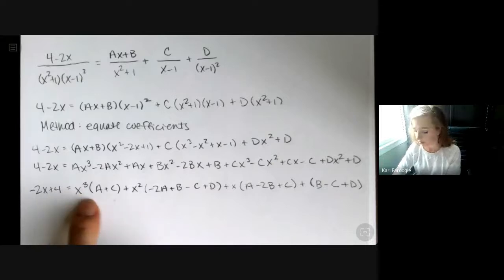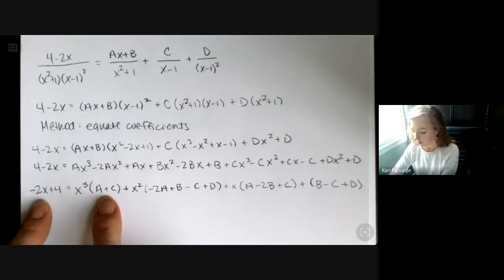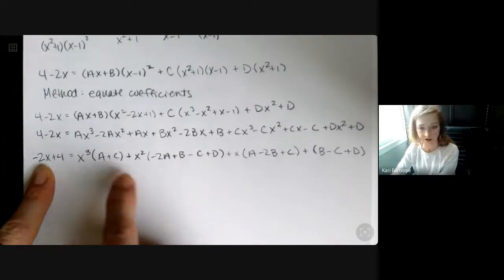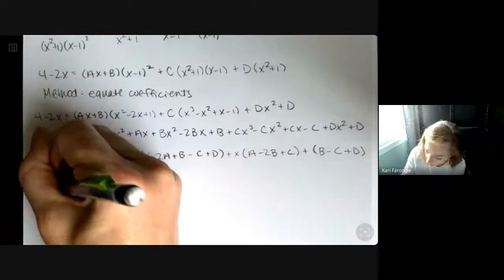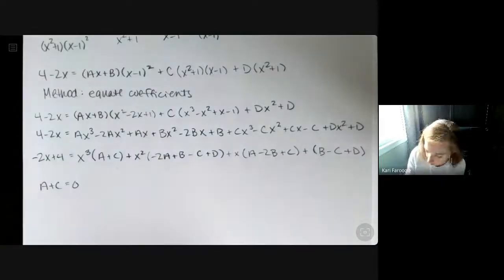But you don't have any x cubes. So these a plus c values have to add up to 0 because you don't have any of that. This is an equation. What you have on the left, you must also have on the right. You don't have an x cubed on the left. So it must be the case that a plus c equals 0. So that's one equation that you're looking at.